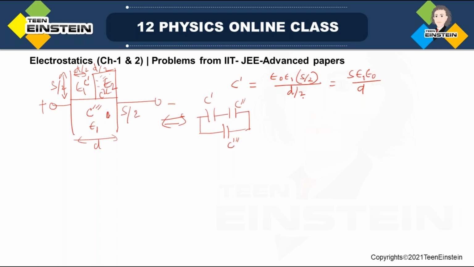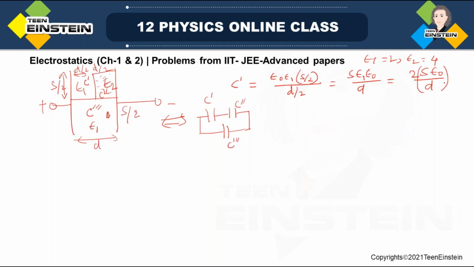Okay, now again in this problem, see, epsilon 1 is given as 2. I'll directly write the value. Epsilon 1 is 2, epsilon 2 is 4. I'll write directly here 2 epsilon naught by d.